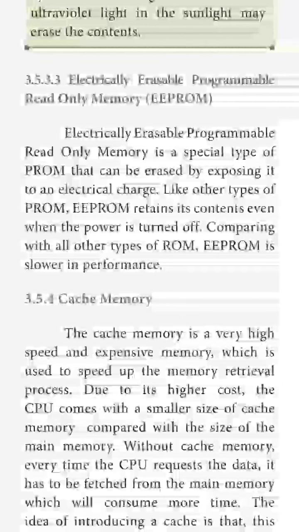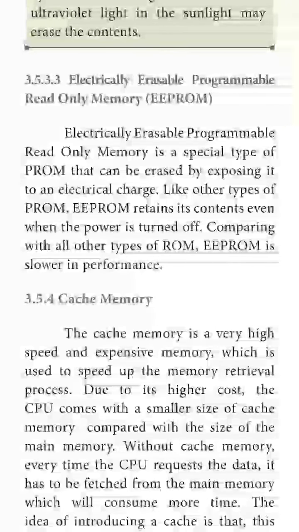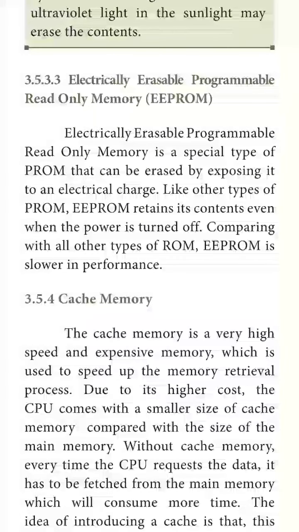So, electrically erasable programmable read-only memory. Electrically erasable programmable read-only memory is a special type of PROM that can be erased by exposing it to an electric charge. Like other types of PROM, EEPROM retains its content even when the power is turned off.